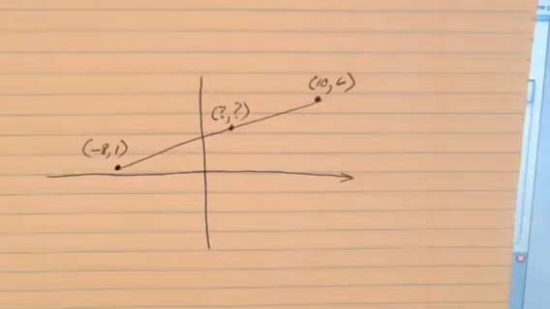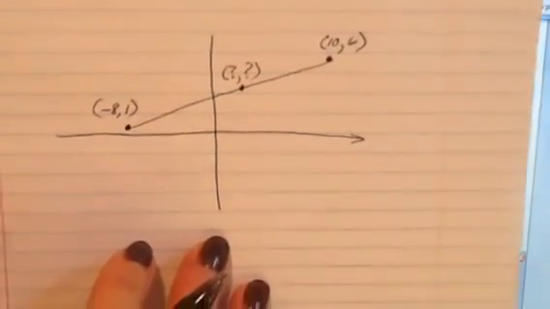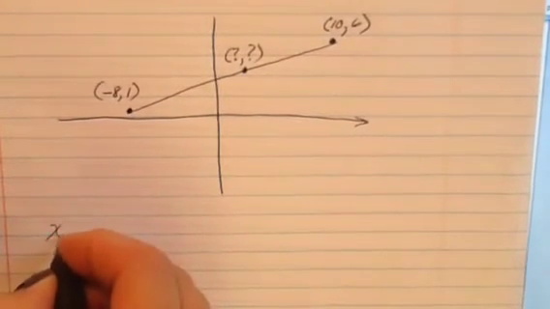I have a line segment whose endpoints are -8, 1, and the other one is 10, 6. To find the midpoint, I can simply look at my x middle, and I'm going to call this x sub m.